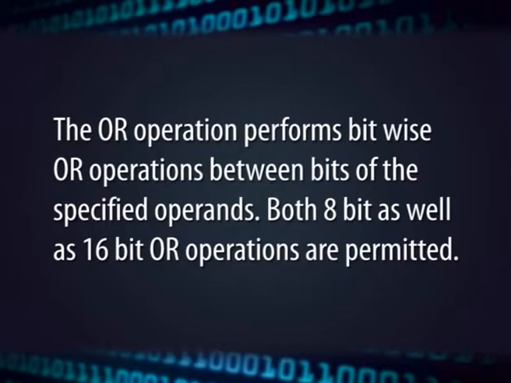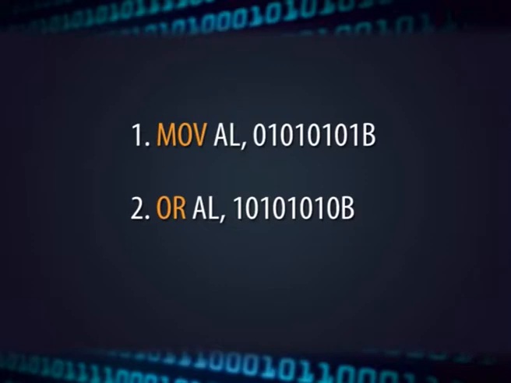Similarly, the OR operation performs a bitwise OR between bits of the specified operands. Both 8-bit as well as 16-bit OR operations are permitted. Assume the following instruction sequence: move AL, 01010101 binary, followed by OR AL, 10101010 binary.